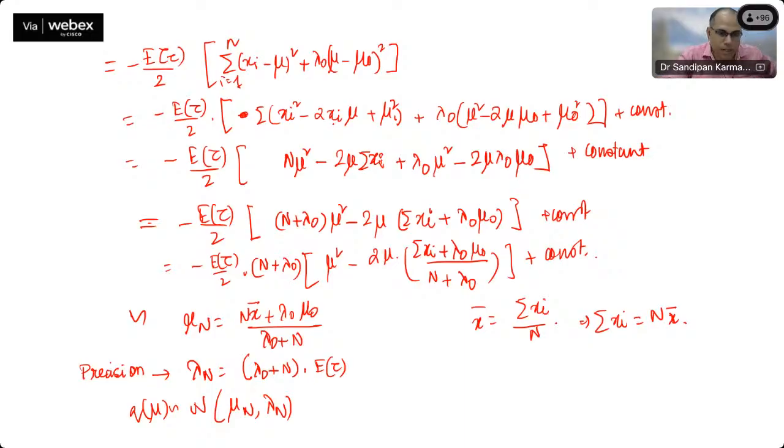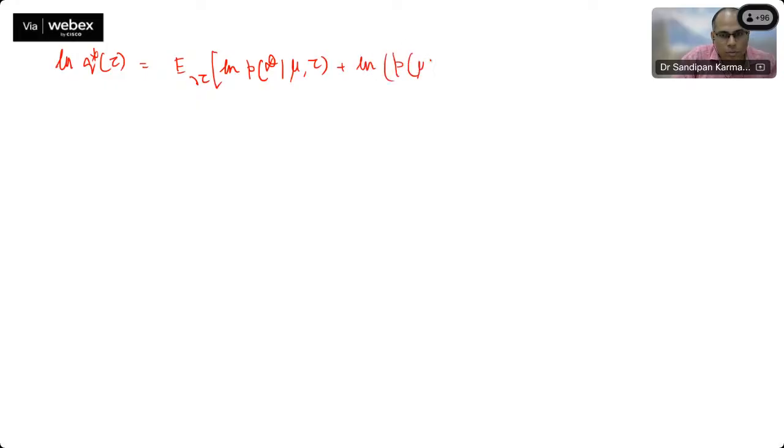Now we are going to derive Q of tau. Similarly, ln Q star of tau will be the expectation over everything except tau of ln P of data given mu and tau, plus ln P of mu given tau, plus ln P of tau.